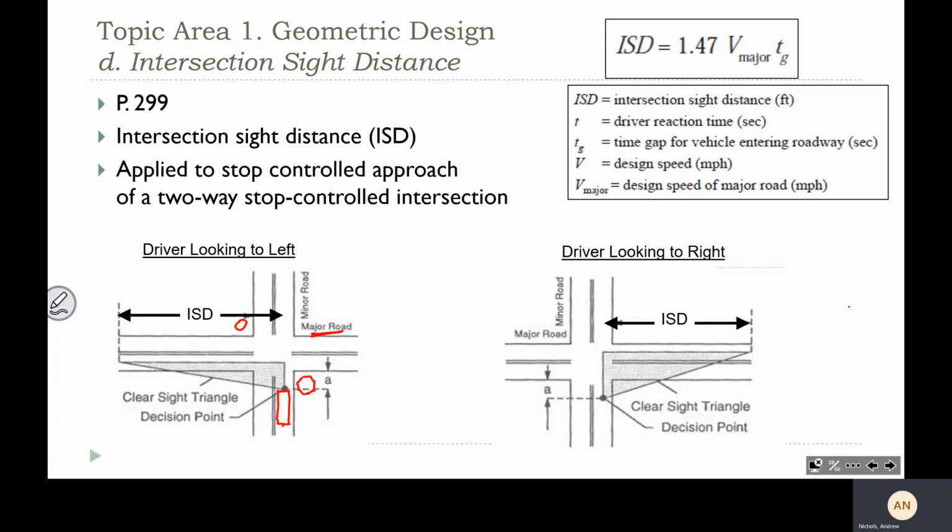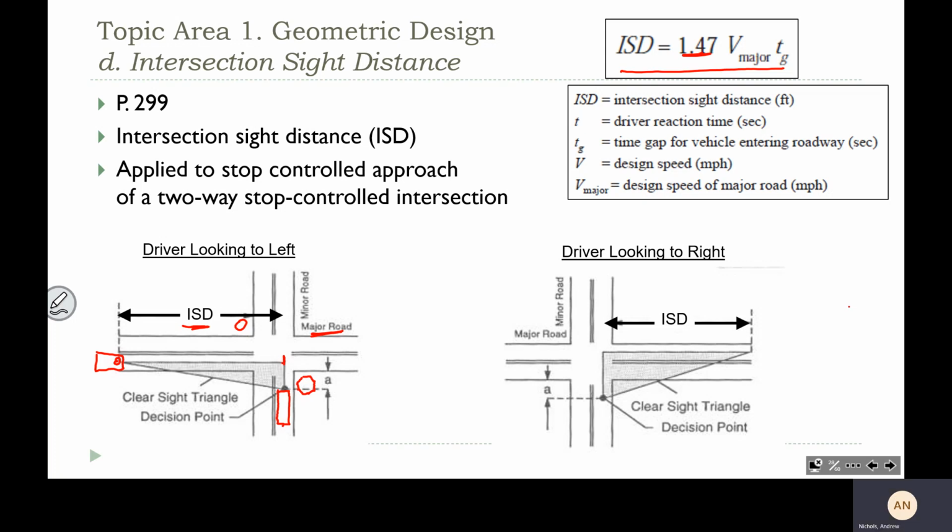So on this diagram, the intersection sight distance is measured from basically where your car is to where you need to be able to see the approaching car back here. And this equation looks very similar to the stopping sight distance. In fact, on that page, it's right below the stopping sight distance. What's this 1.47 doing?